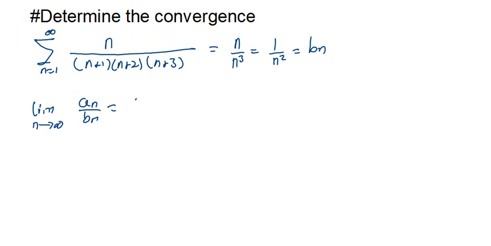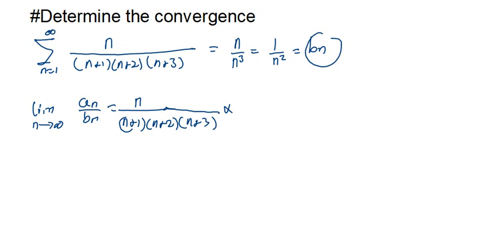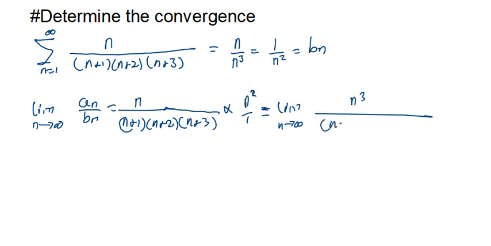That would be our n divided by (n plus 1)(n plus 2)(n plus 3) there. Okay, so we multiply this by what? I will multiply it by the reciprocal of b sub n. That would be n to the power 2 divided by 1. That would give me n to the power 3. Okay, I forgot something here. That would give me the limit as n approaches infinity of n to the power 3 divided by (n plus 1)(n plus 2)(n plus 3).